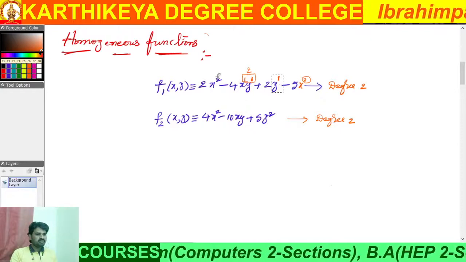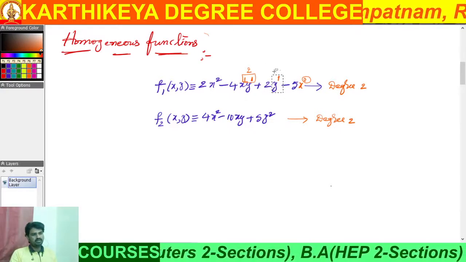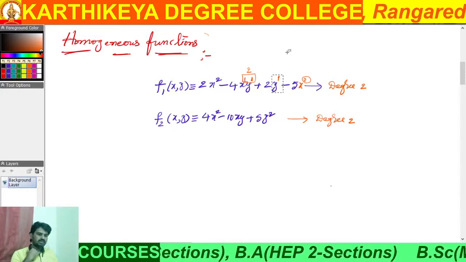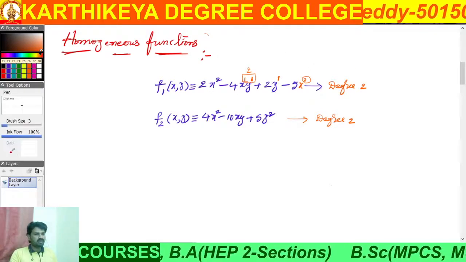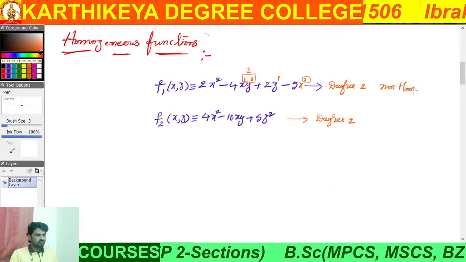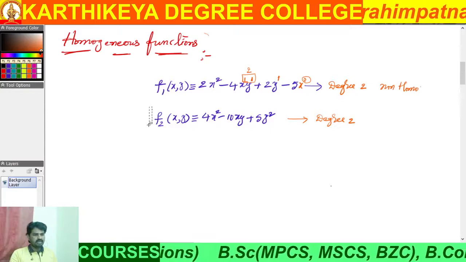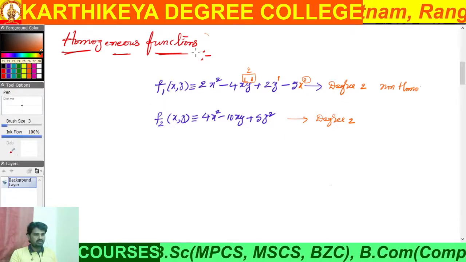So the first two terms contain degree 2, and the third term contains degree 1. That means the first function does not have the same degree. Such functions are called non-homogeneous functions.